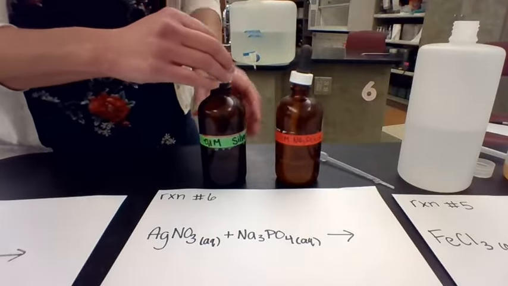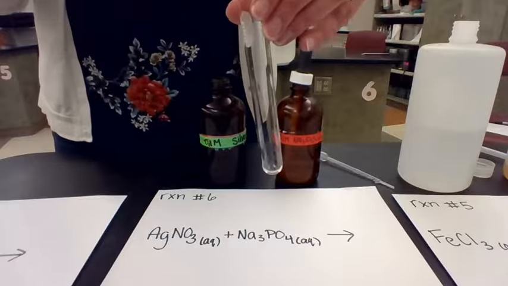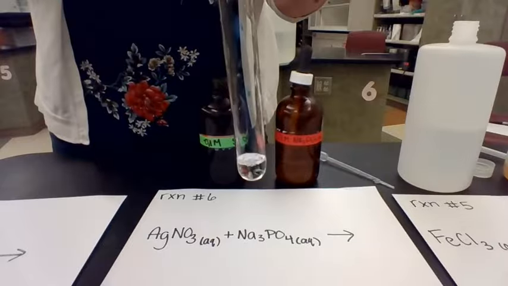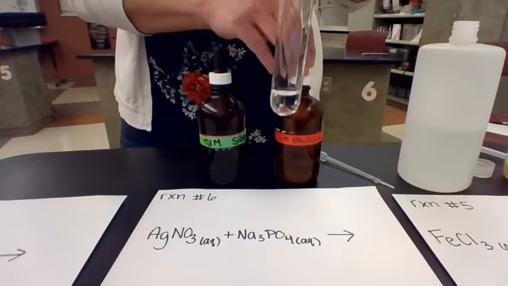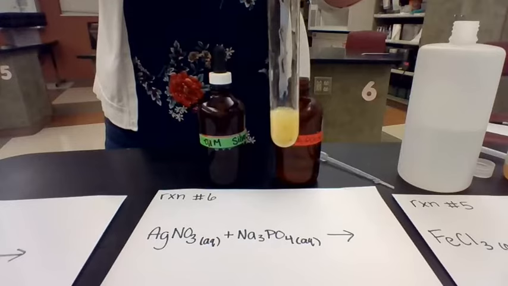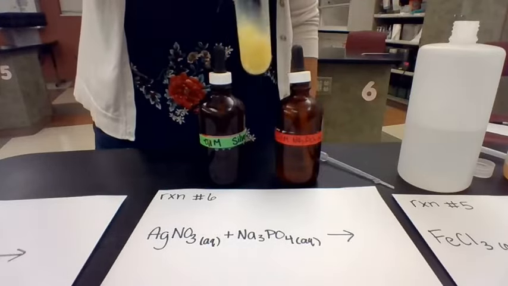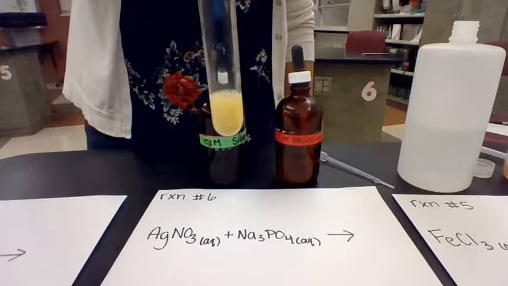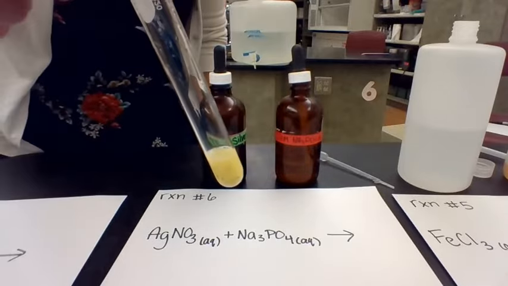Okay, and then let's put some in here. So here is our silver nitrate. Again, it's a clear liquid there. And then we're going to add our sodium phosphate to it. And look at that. We make this kind of nice yellow solid here.